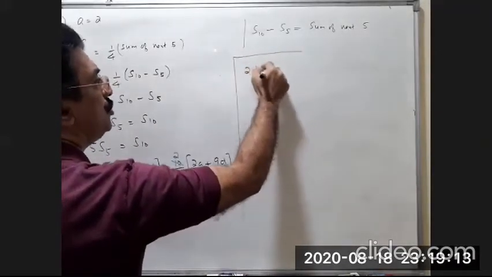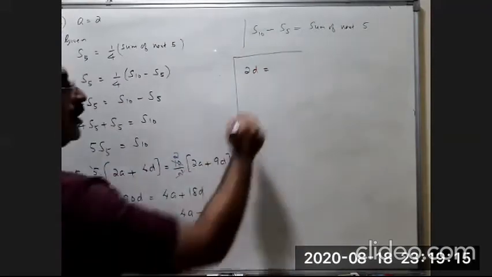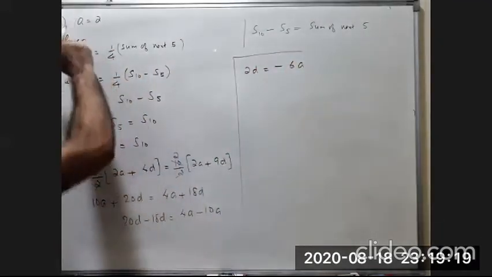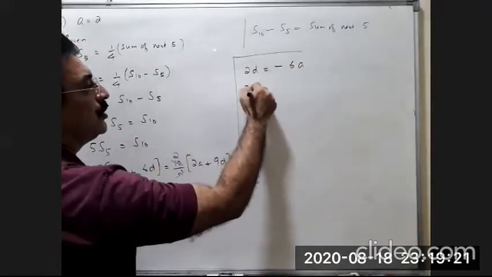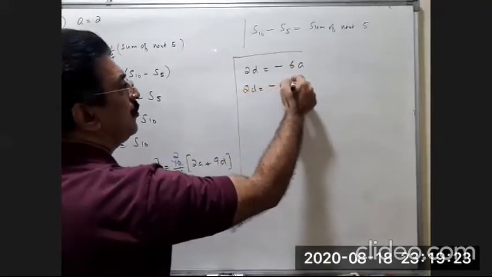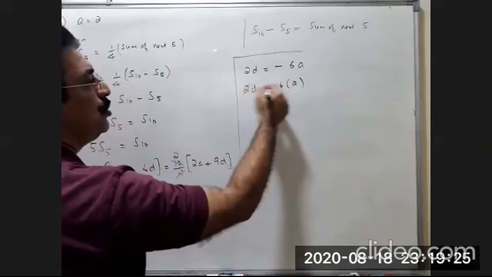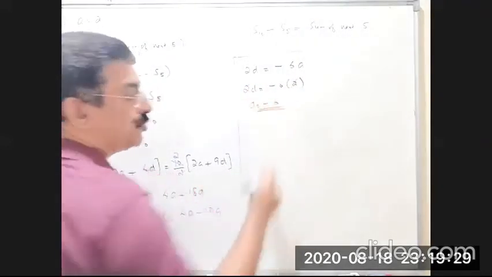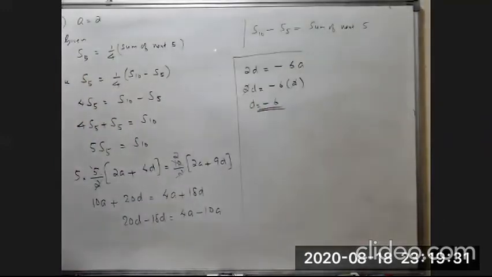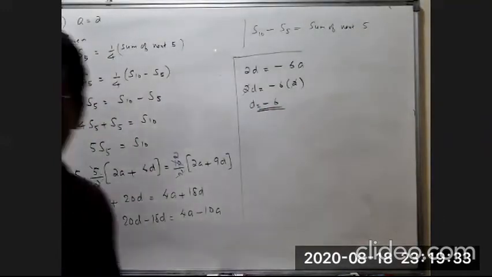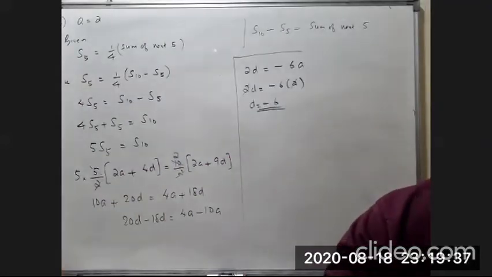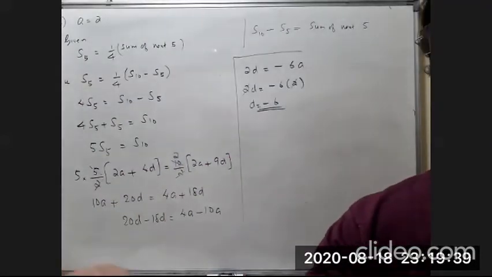We got 2D is minus 6A, but the value of A is 2. So 2D is minus 6 into 2, the 2s cancel. D is equal to minus 6.